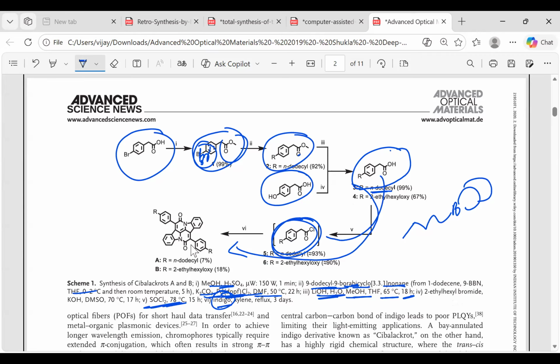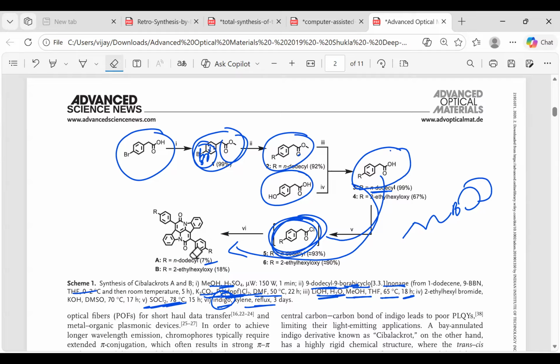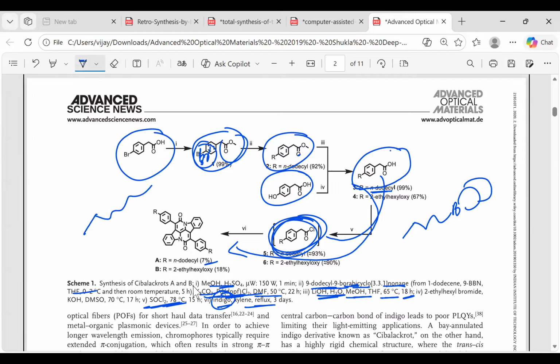So this indigo dye and this acyl chloride are refluxed in xylene for 3 days, which gives the formation of this final molecule, only in 7% yield, when R is equal to a dodecyl chain. Dodecyl means a long alkyl chain. So R is this alkyl chain, here also this alkyl chain. So only 7% product formation takes place.